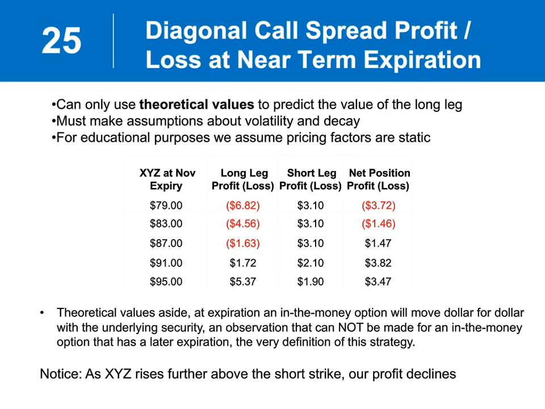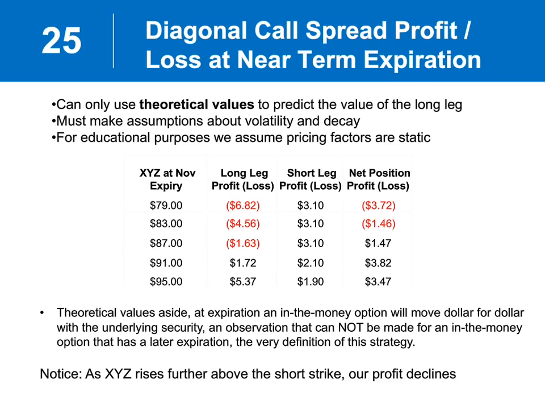As you can tell, our long leg has lost quite a bit of money, $6.82. Our short leg, the short call that we sold at $3.10, that's all profit. Of course, that call option is going to expire worthless. So the net effect on our position is we're down about $3.72. Considering the stock is down $8 a share, I guess it could be worse.